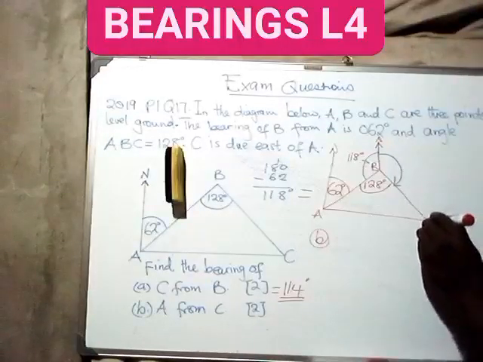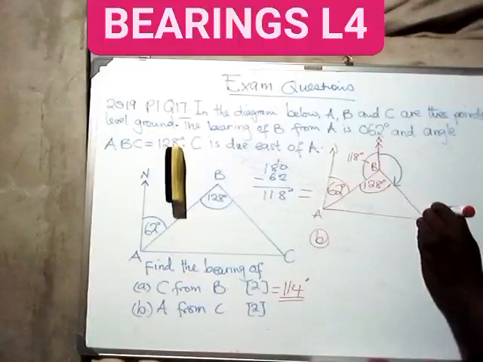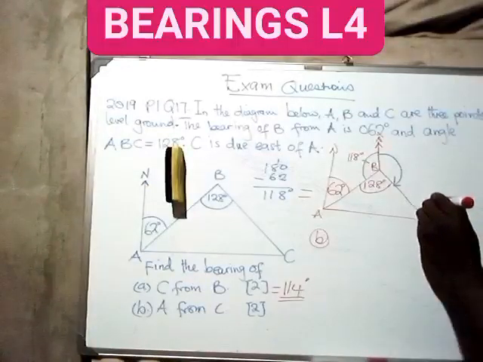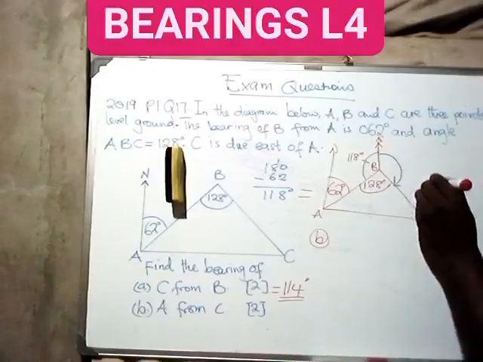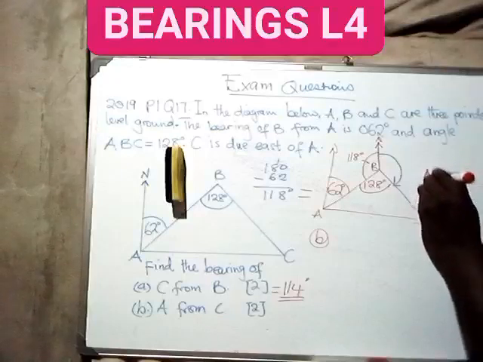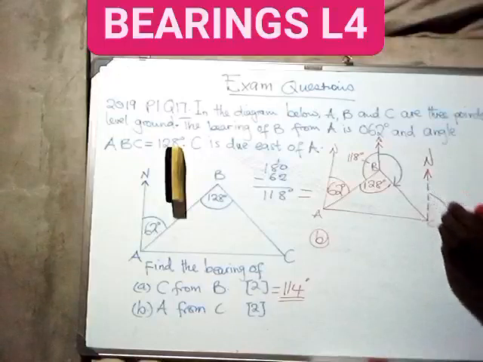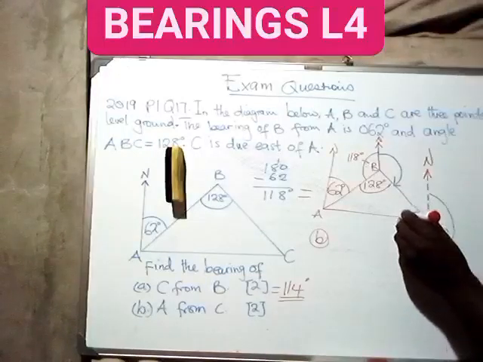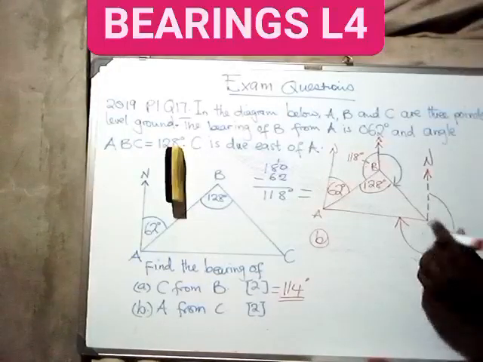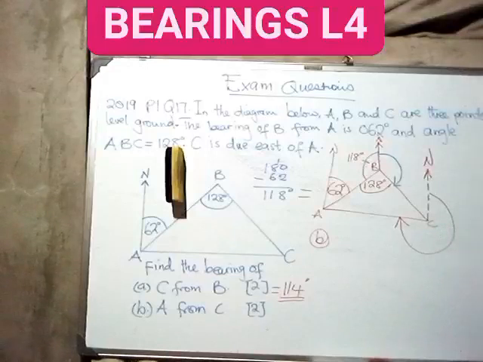Meaning at C we draw the north, which will be like this. Now we'll move clockwise from here up to here because we are forming the bearing of A from C.